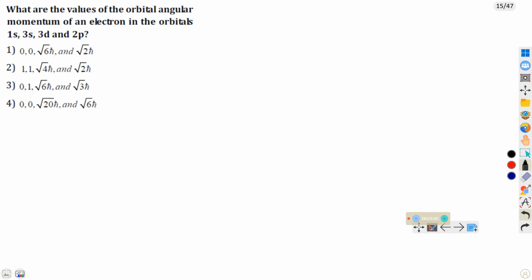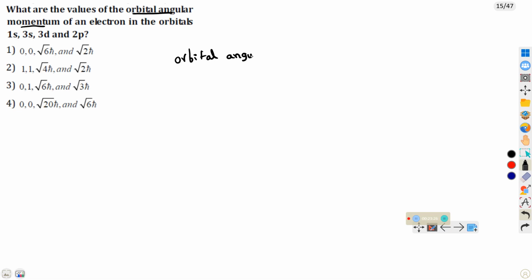What are the values of orbital angular momentum of an electron in the orbitals 1s, 3s, 3d and 2p? Orbital angular momentum formula.